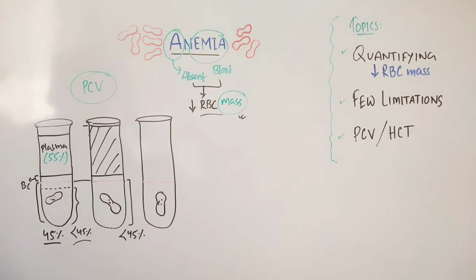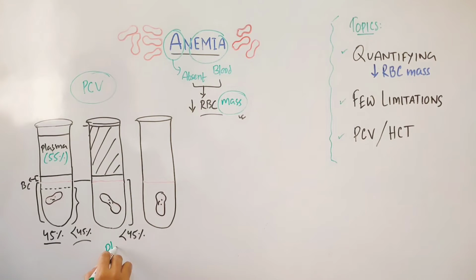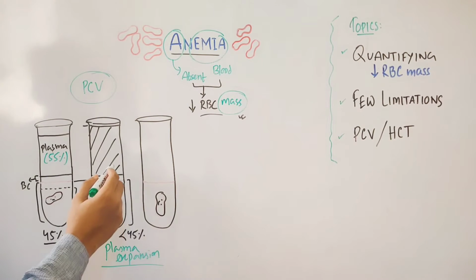So this is a case of plasma expansion with normal number of RBCs, but if we measure the hematocrit, we will get less than 45, and we might be fooled to think the patient is anemic.